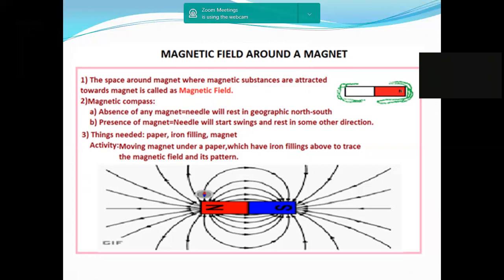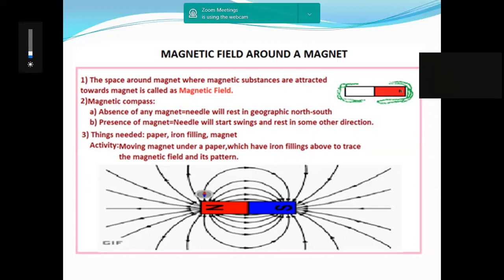Now, learn the complete magnetic field around a magnet using one activity. There are various things you need: a paper, a few pieces of iron, and a magnet. In this activity, you will take a paper. On top of the paper, you will put iron filings, small chunks of iron. Below the paper, you will simply move the magnet.